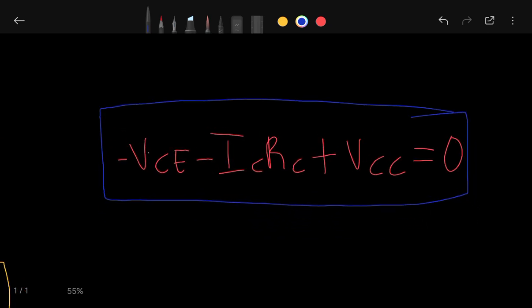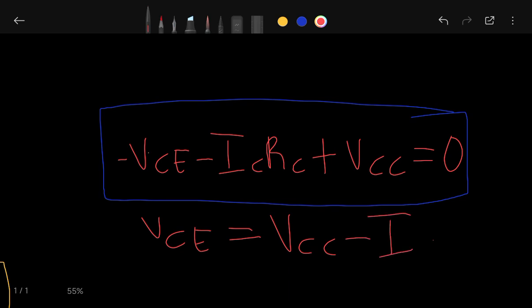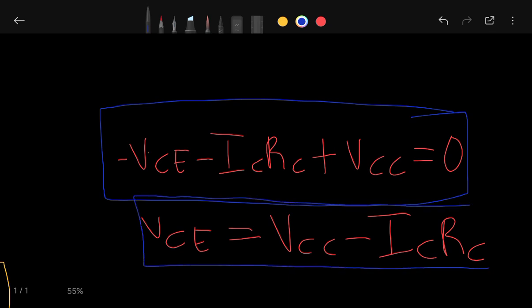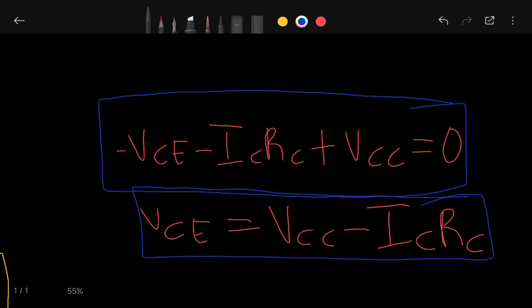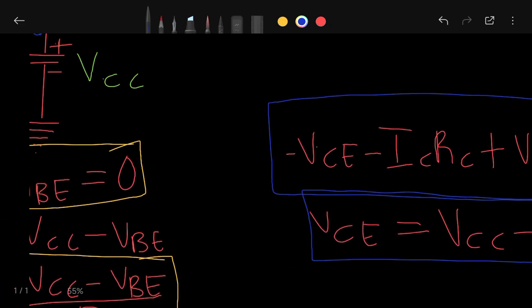You take VCE to the other side, so it's positive, and you're left with VCE equals VCC minus IC RC. This is how you get the formulas without having to cram them.